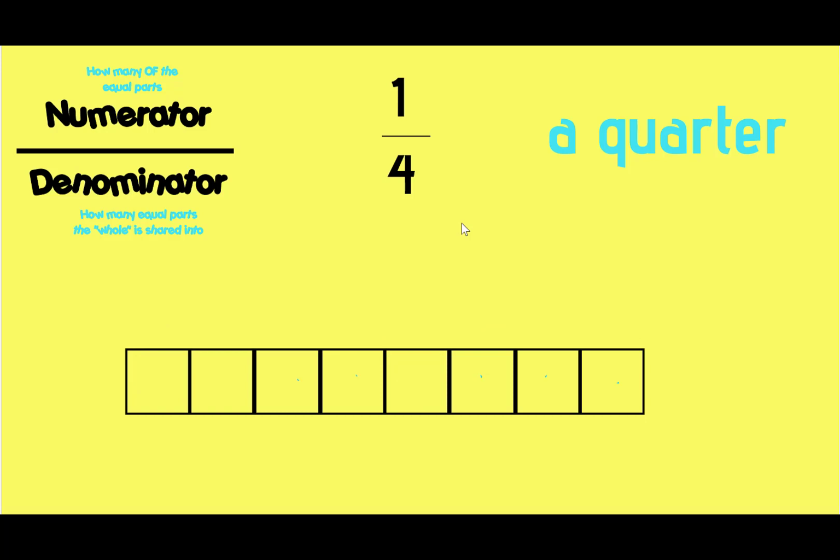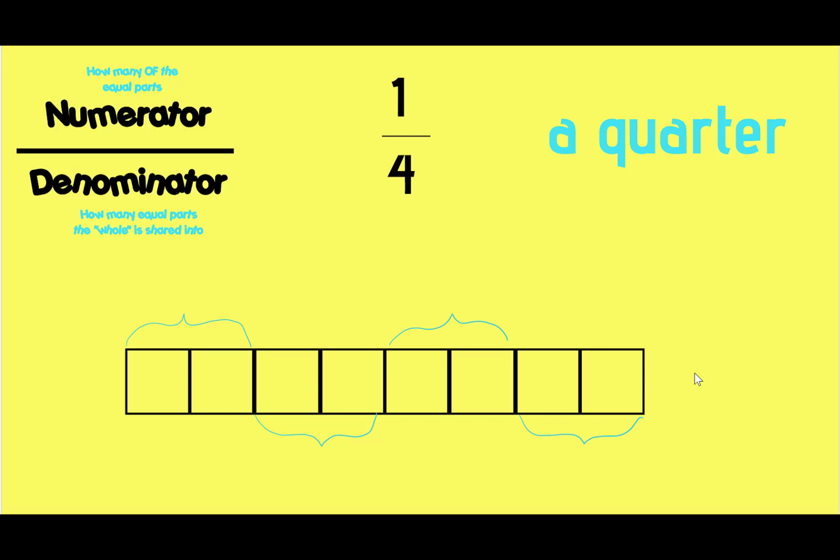The other way could be to try and group your bar into 4. So I've got 1, 2, 3, 4, 5, 6, 7, 8. Using my times tables, I know that I could share my 8 into 4 groups of 2. 1 group, 2 groups, 3 groups, 4 groups.